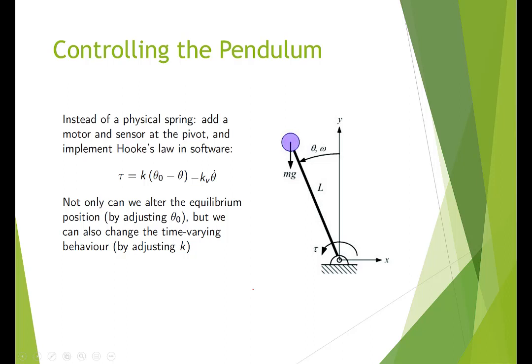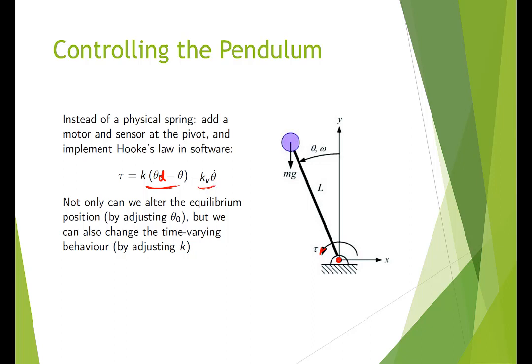In practice, we have a motor at one joint of the robot applying a torque. What if we ask this motor to behave like a spring and damper? For instance, like this. It has a spring term that applies a torque proportional to how much it's rotating away from our desired position. Let's call this theta d. So if it goes farther from theta d, it will apply a torque to bring it back. And we also have a damper.